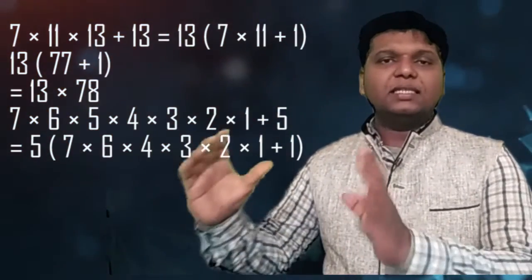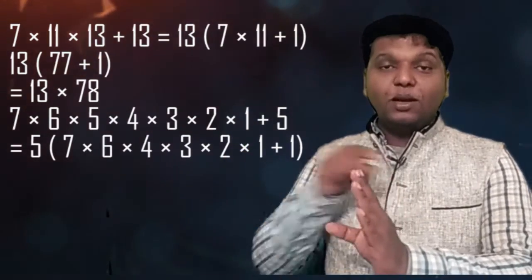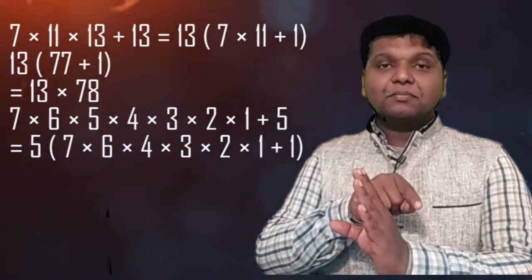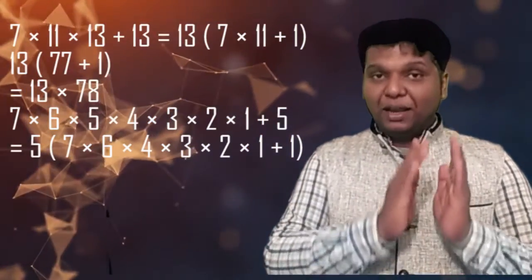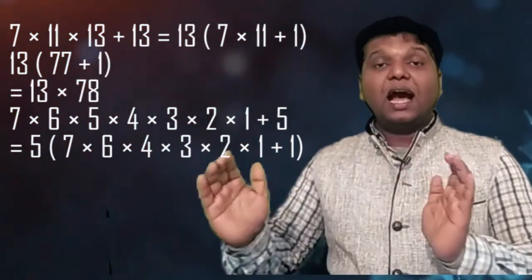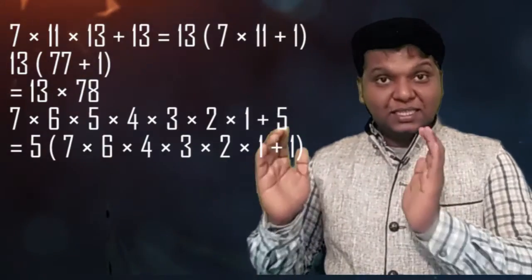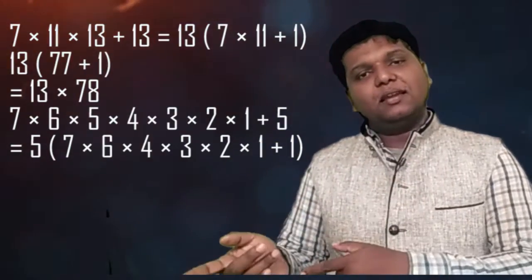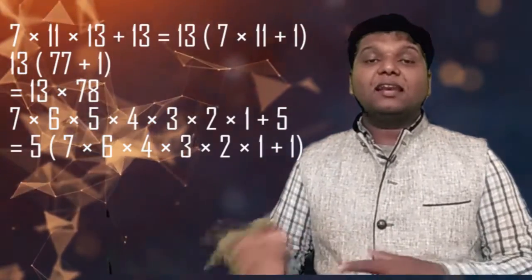Whatever answer you are getting inside this bracket, it doesn't matter. It's already having a factor as 5. 5 is one of its factors, and this whole number which you are going to get after multiplying and adding all these numbers within this bracket, you will get another natural number. So already we can say there are two factors.